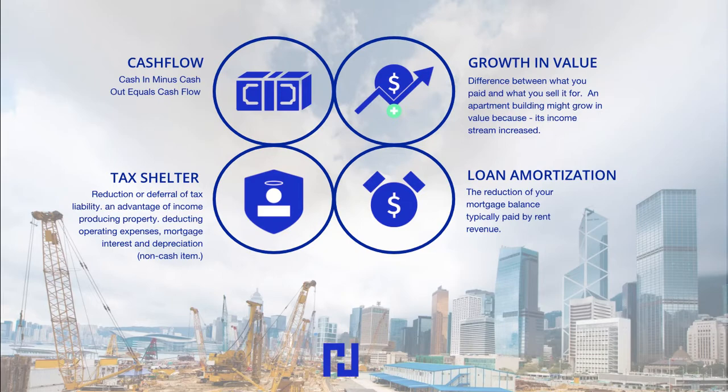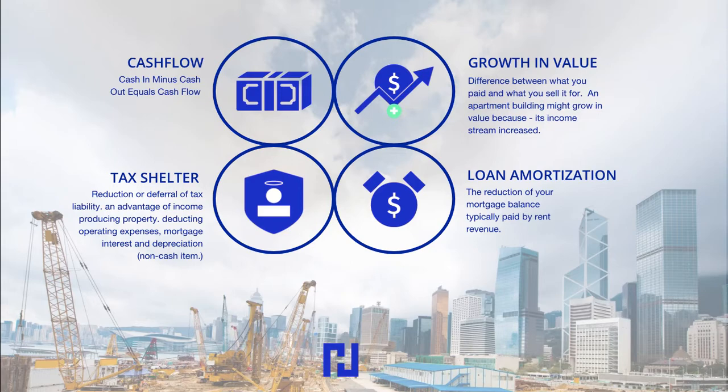Growth in value is the difference between what you pay for an asset and what you're able to sell it for. An apartment building, for example, might grow in value because it has an income stream increase. Tax shelter. A tax shelter is a reduction or a deferral of a tax liability. It's an advantage of an income-producing property, because you're able to deduct your operating expenses, mortgage interest, and depreciation.